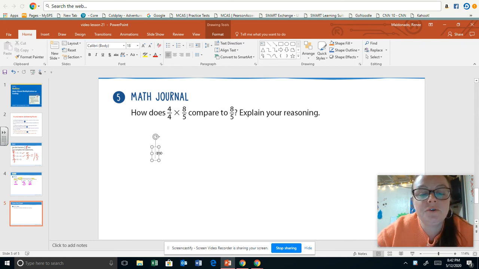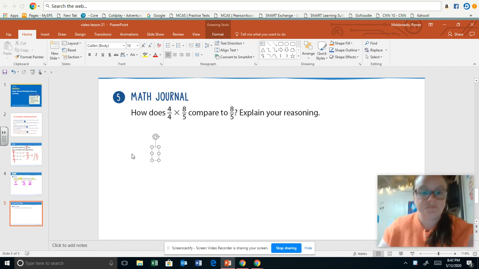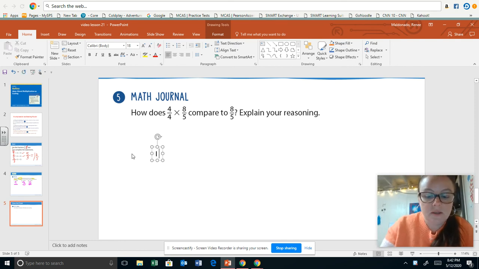The first thing I notice here is I'm comparing this expression to just this fraction. So I know right away that 4/4 is equal to 1 whole. So first I'm going to write that down. I know that 4/4 is equivalent to 1 whole.